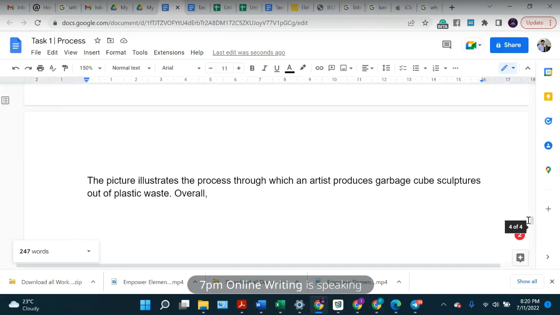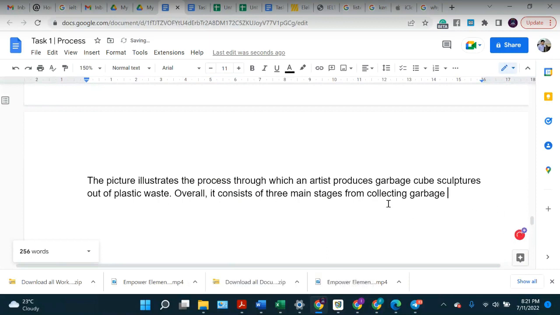Okay, maybe I don't want to repeat the word process. So overall, it consists of 3 main stages, from collecting garbage, molding it to boxes of standard size, maybe, right?